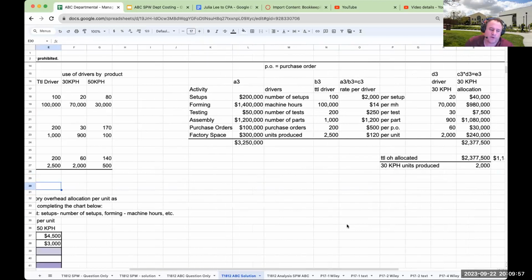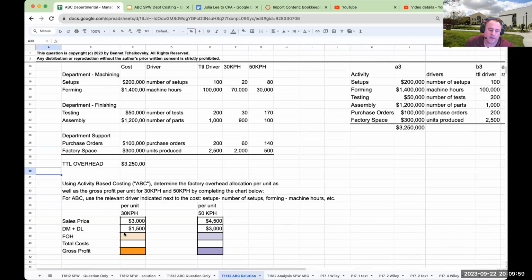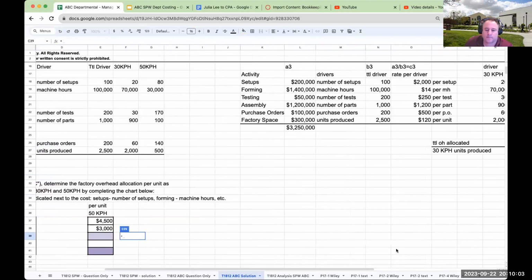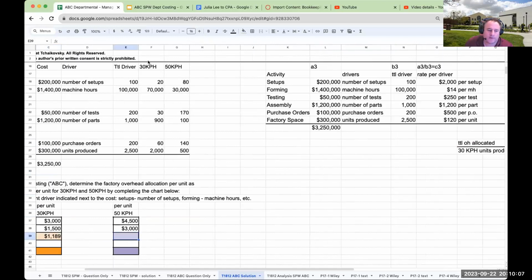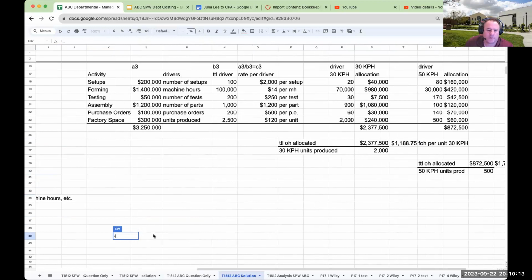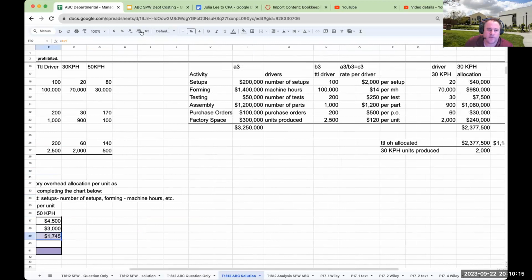So when I come over here to go to my chart, I have the factory overhead of 1,188.75. Over here, I have 1,745.